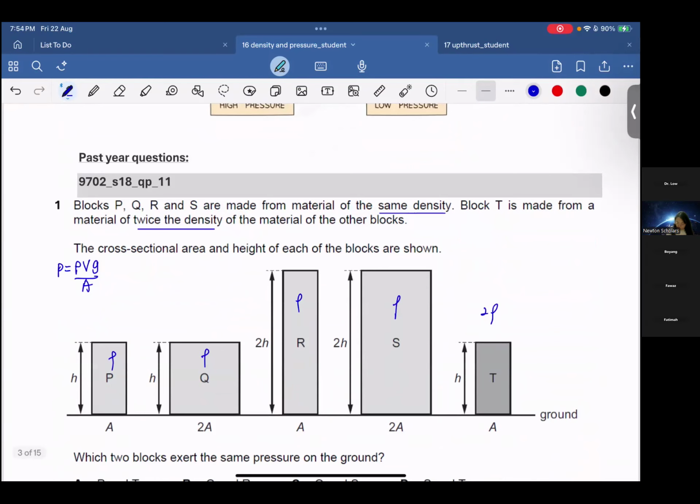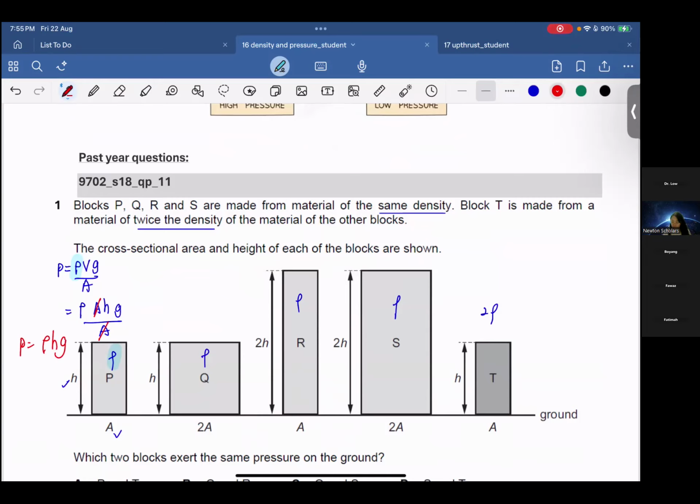The volume, we can write as area times height. Then g divided by area. Area and area cancel out. So for the first block, the pressure is actually ρhg.